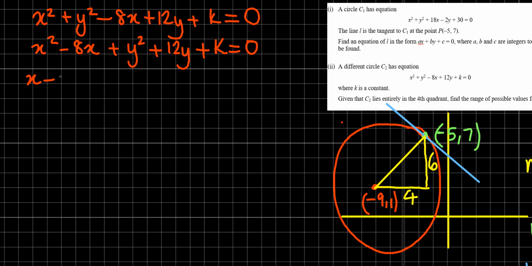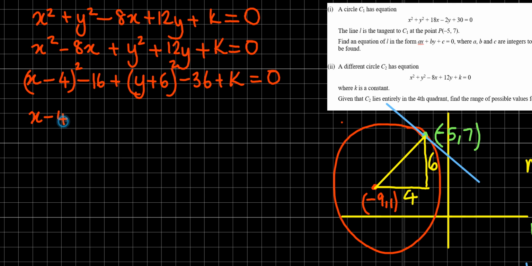So we would have (x minus 4) squared minus 16 plus (y plus 6) squared minus 36 plus k equals 0.